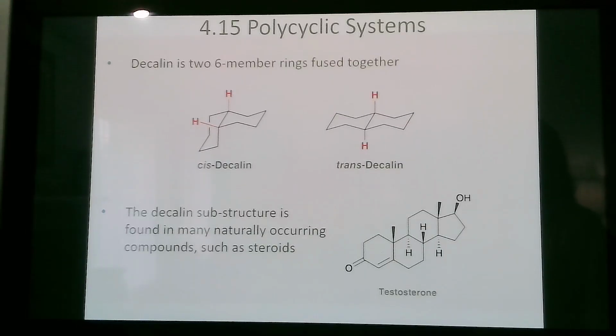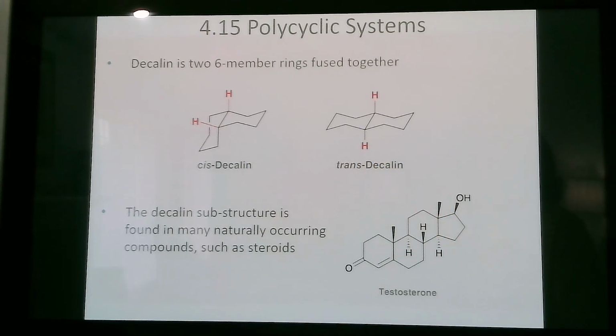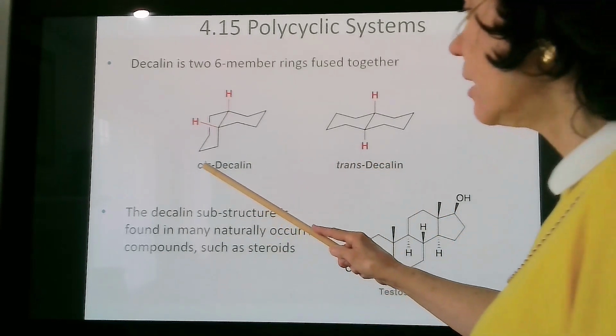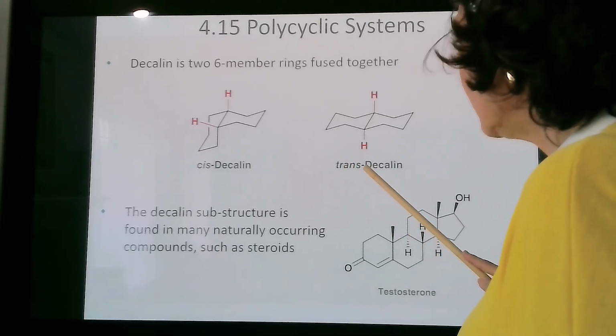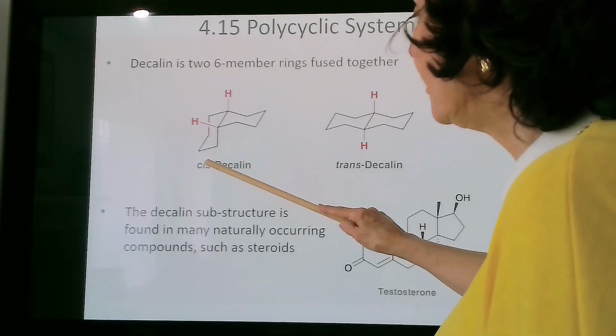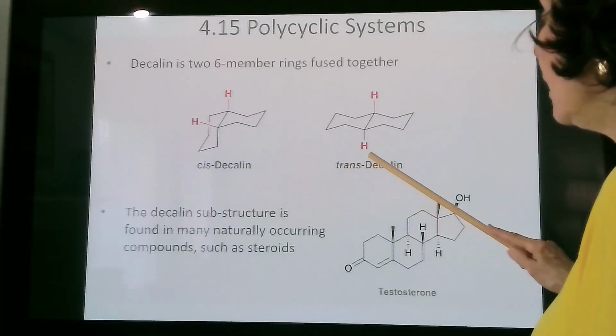Okay, polycyclic systems. We're not going to cover polycyclic systems too much, but just look at it here as cis and trans decalin. Notice the cis is in italics, trans is in italics. You have a dash between cis and the name, a dash between trans and the name.